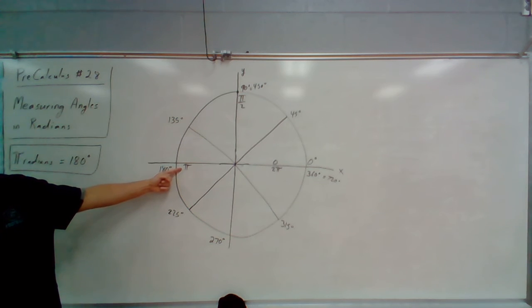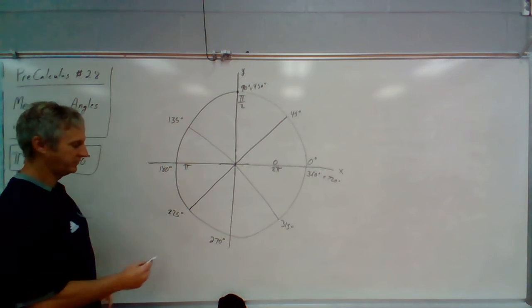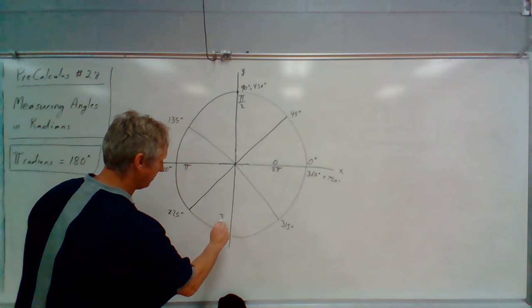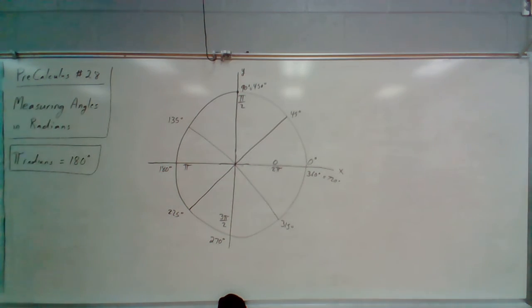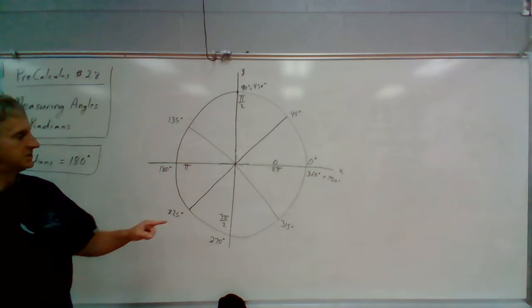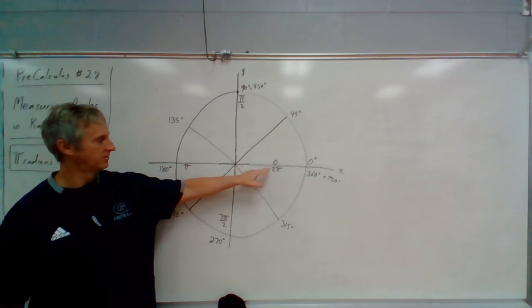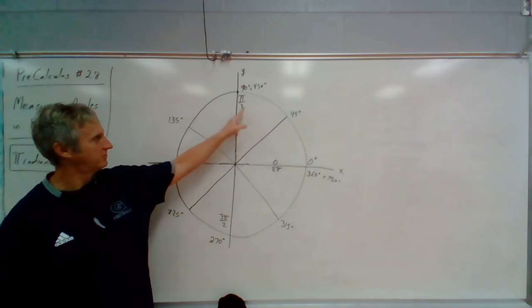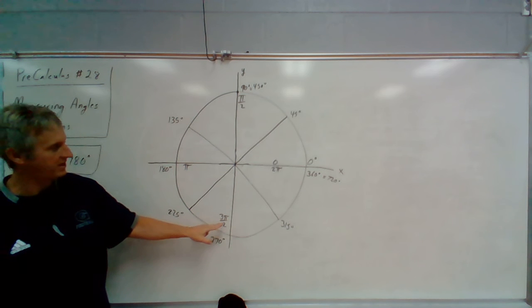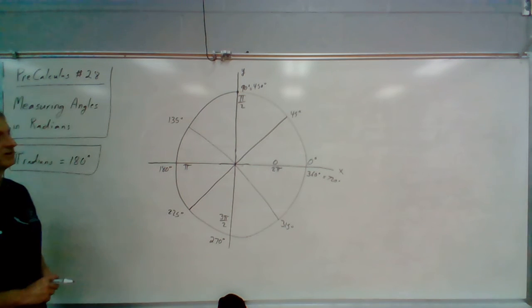So 1 pi plus half a pi would be 3 over 2 pi, or 3 pi over 2 radians. 3 over 2 is 1.5. These are very important. You need to have these measurements ingrained in your mind. This is 0, pi over 2, pi, 3 pi over 2, 2 pi, all the way around the circle.